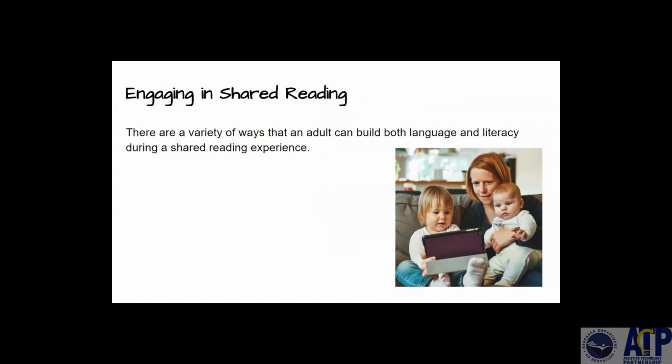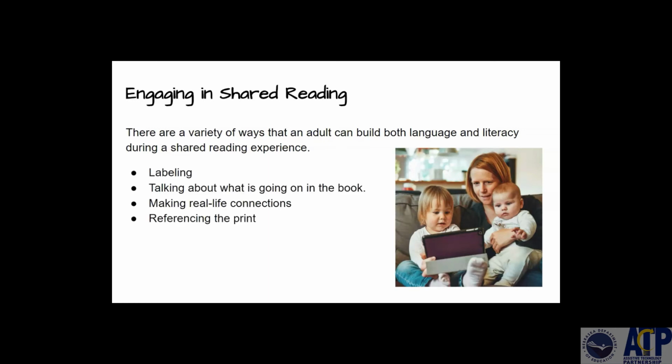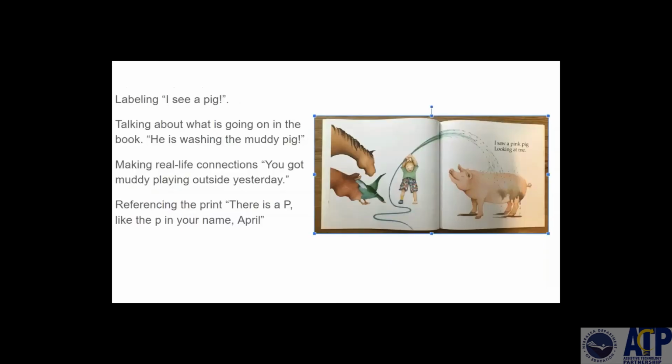We are going to examine some specific strategies for engaging in shared reading. There are a variety of ways that an adult can build both language and literacy during a shared reading experience. These can include labeling, talking about what is going on in the book, making real-life connections, and referencing the print. So what might that look like?